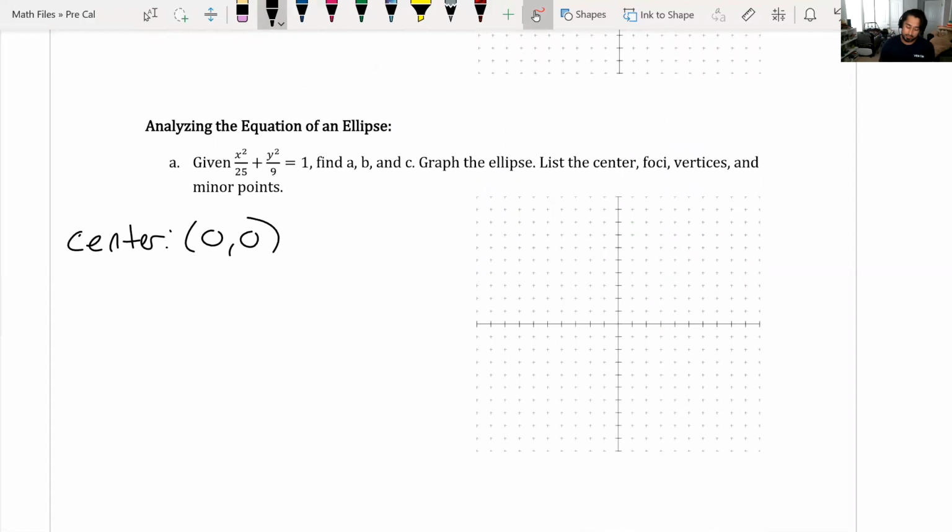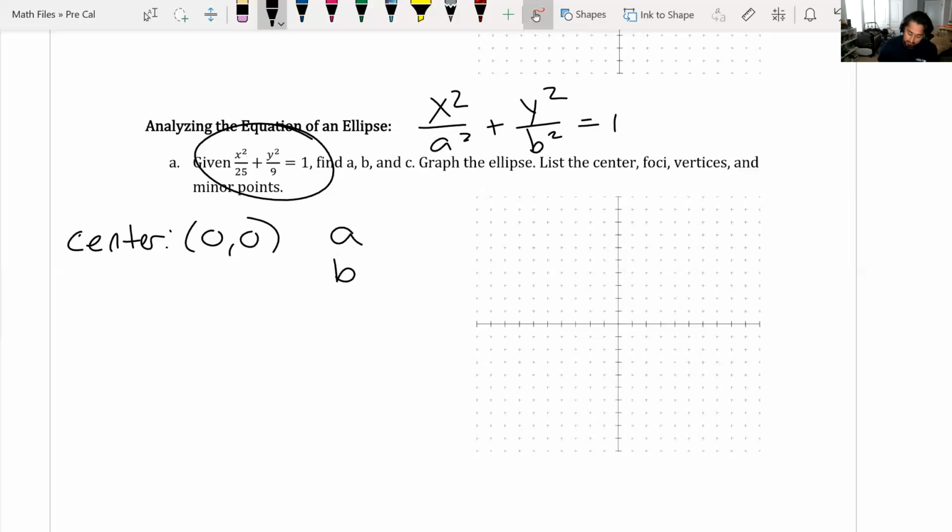And now remember that if this is going to be the graph of the ellipse with the center at the origin, then it's x squared over a squared plus y squared over b squared equal to 1, which means we know the value of a and b, but we do not know the value of c.